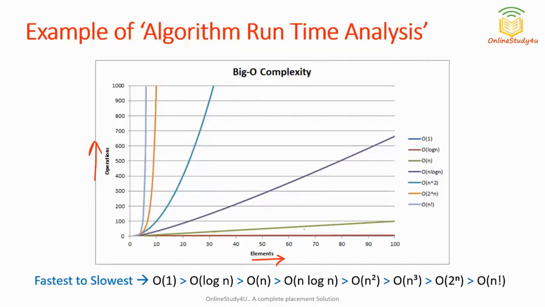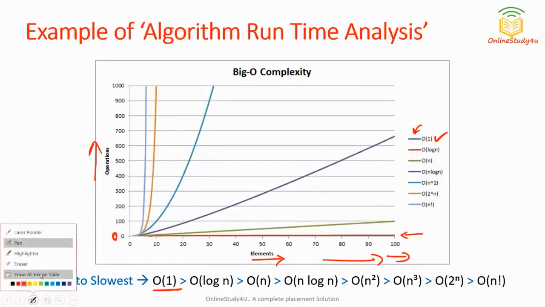First we have order of one. You can see it is the fastest, because it is constant, done in one step. It is denoted by a deep blue line, and there is a small deep blue line hidden along the x-axis. Even as the input size gets larger and larger, the operations stay constant. With the increase in input size, it is not varying.